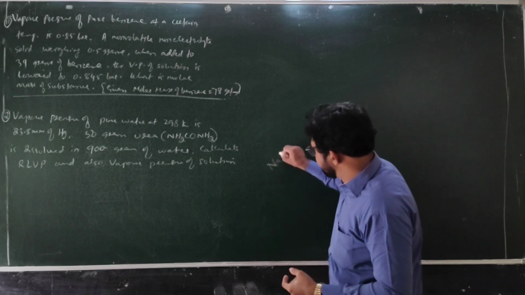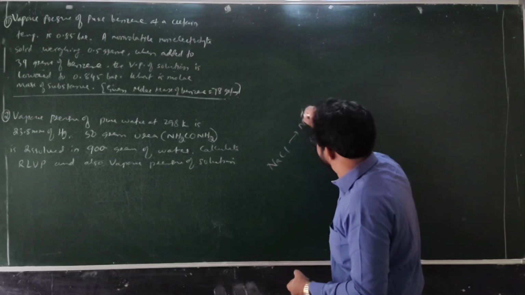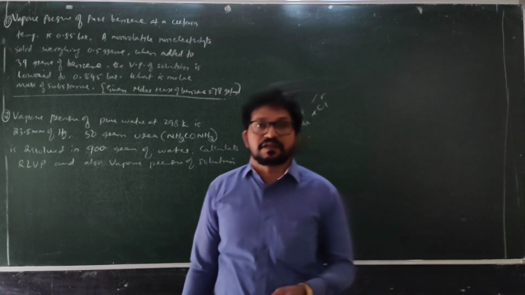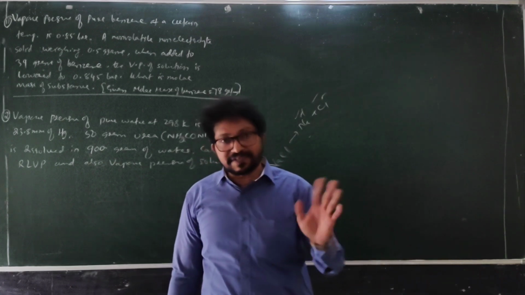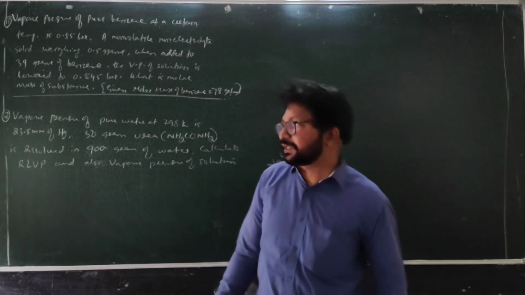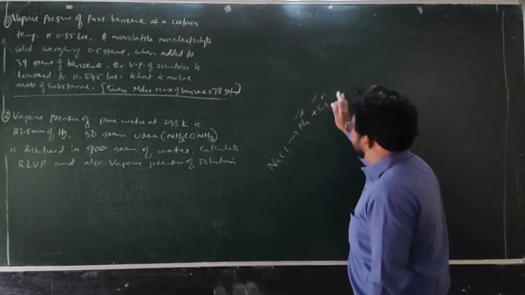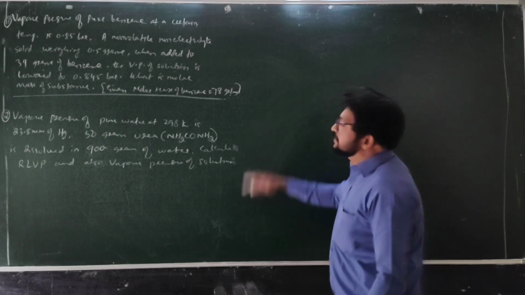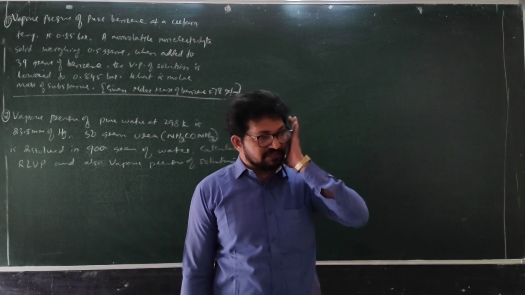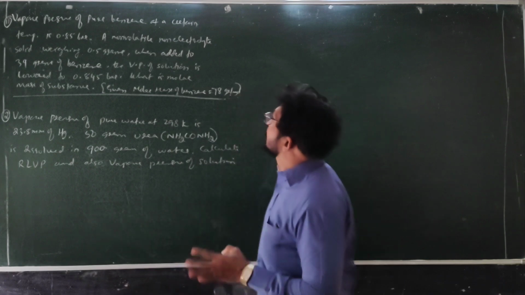For example, if you take NaCl, it becomes Na plus and Cl minus. The number of particles gets doubled. So the calculation fails because colligative property depends on the number of solute particles. So what to do? It should not be an electrolyte. It should be a non-electrolyte.